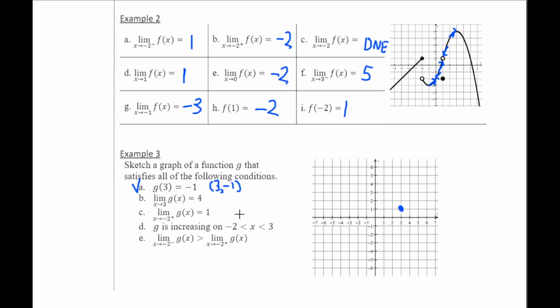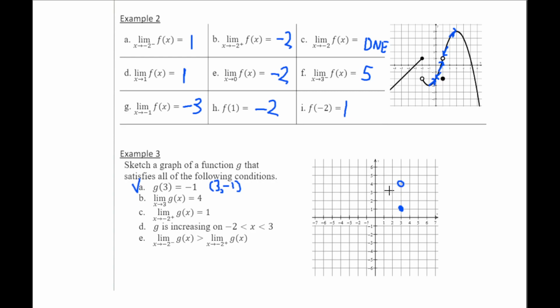This would actually have to be a hole because the function's already at x equal to 3. They tell us the function has an output of -1. We can't have two black dots here because you can't have two different outputs for one input. If there's already a black dot here, this cannot be a black dot. It has to be an open hole like this.